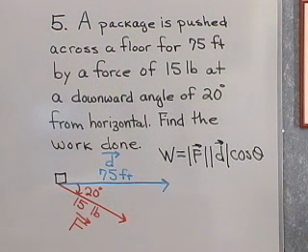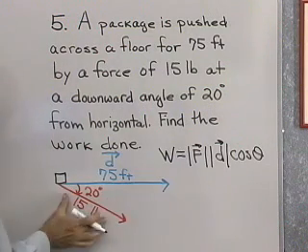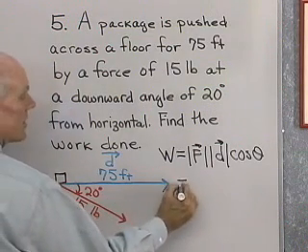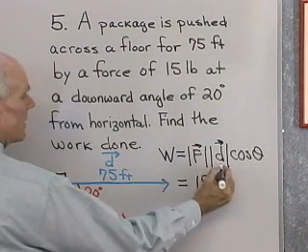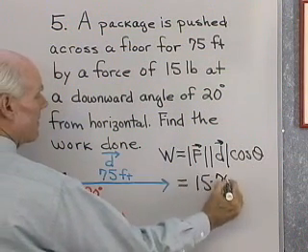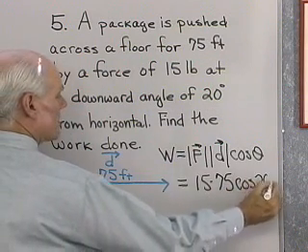So using this formula, I find a very easy way to find the amount of work done in moving this package from here to here with this force. So it turns out to be the magnitude of F, which is 15, times the magnitude of D, which is 75, times the cosine of 20 degrees.